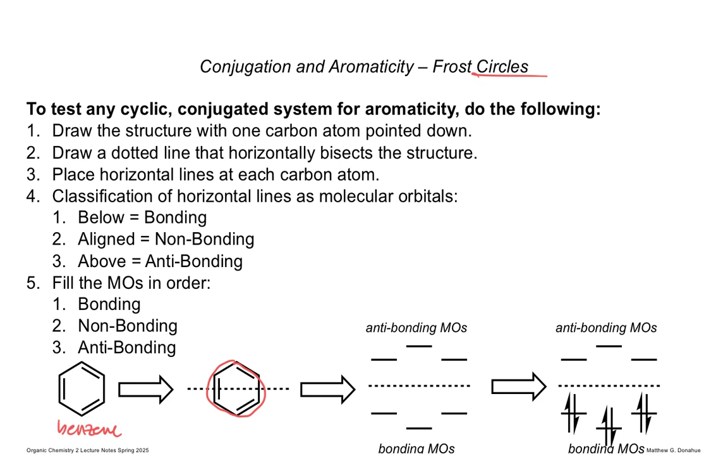And then you're going to translate where those double bonds are into these lines in the third part that correspond to the molecular orbitals. So we said there were 6 p orbitals, so we have to show 6 of these molecular orbitals.